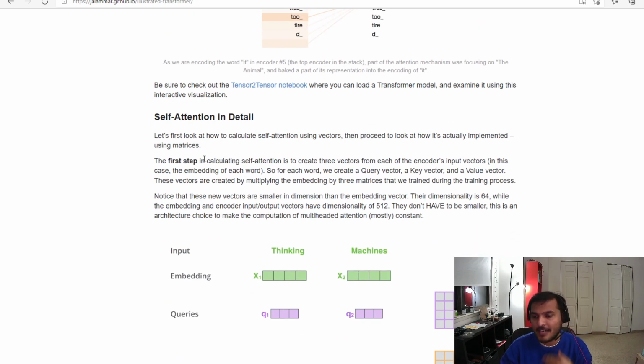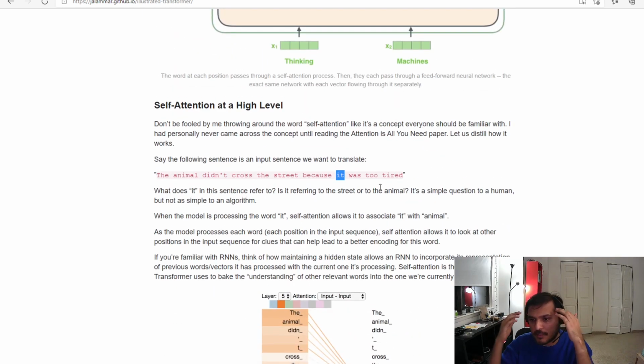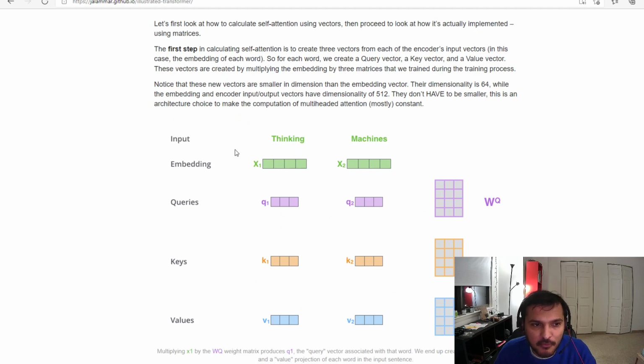So how would we compute this? My brain computed or figured out this correlation on its own, but the network has to learn this from scratch. So how do we represent that? The authors of the paper, or rather, the original authors of the attention mechanism, which is quite old, did basically vector manipulations.